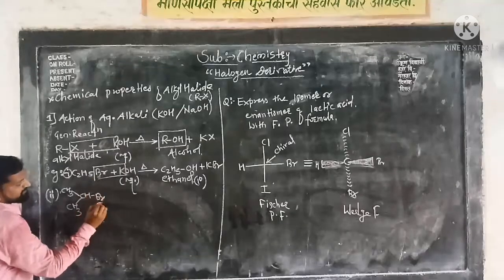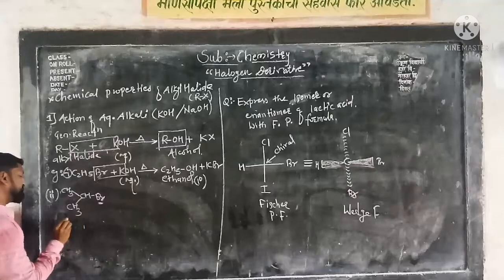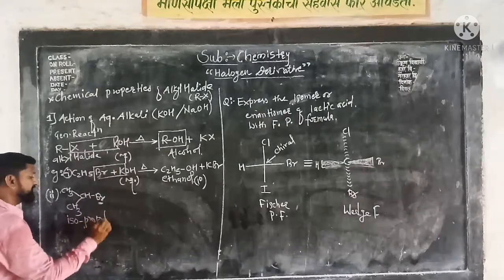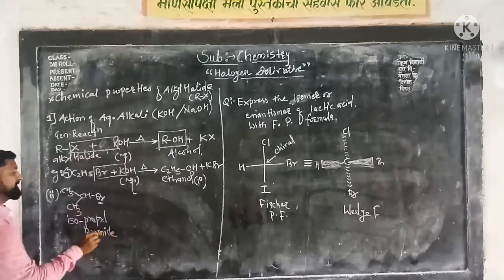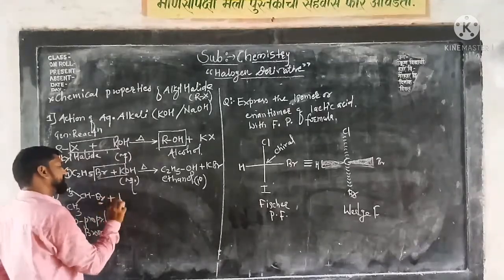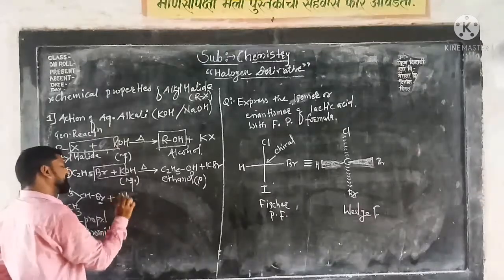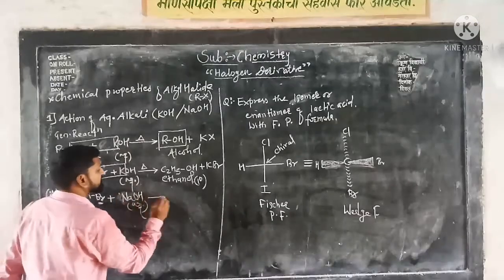Instead of Br you can take chloro or iodo. This is isopropyl bromide, plus potassium hydroxide, or you can change the alkali to sodium hydroxide, aqueous.